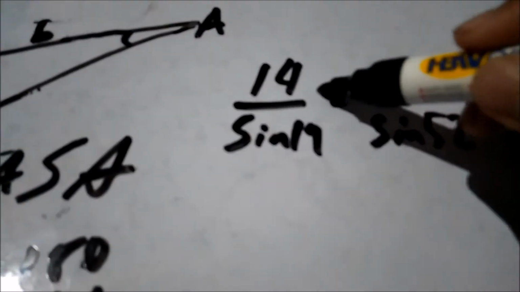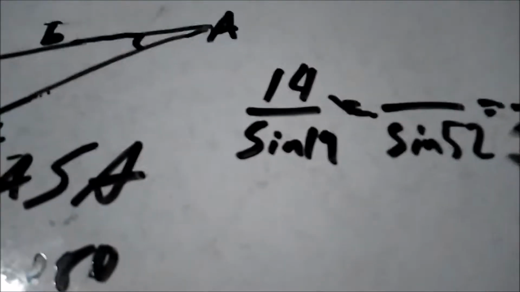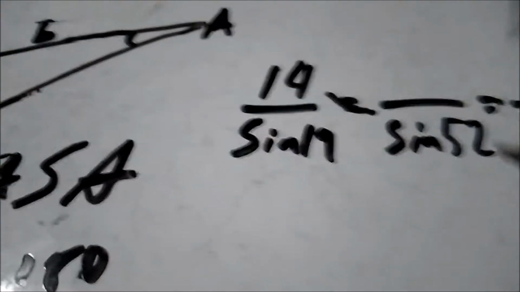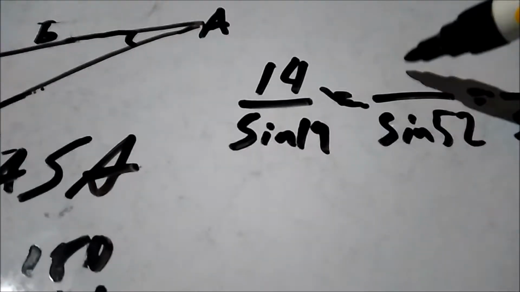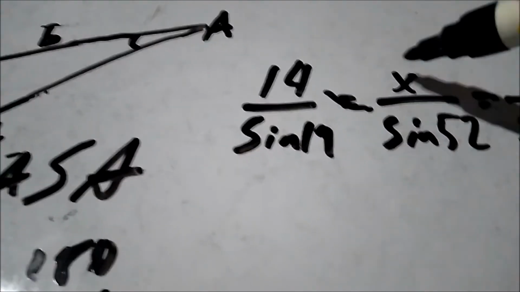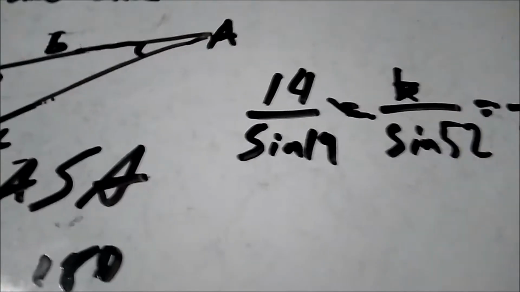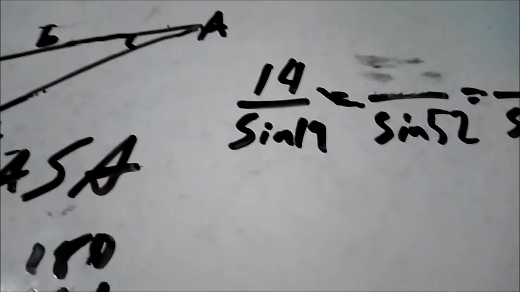So we have to cross multiply it. So 14 times sin 52, and this is sin 19 over x or b because it is missing.